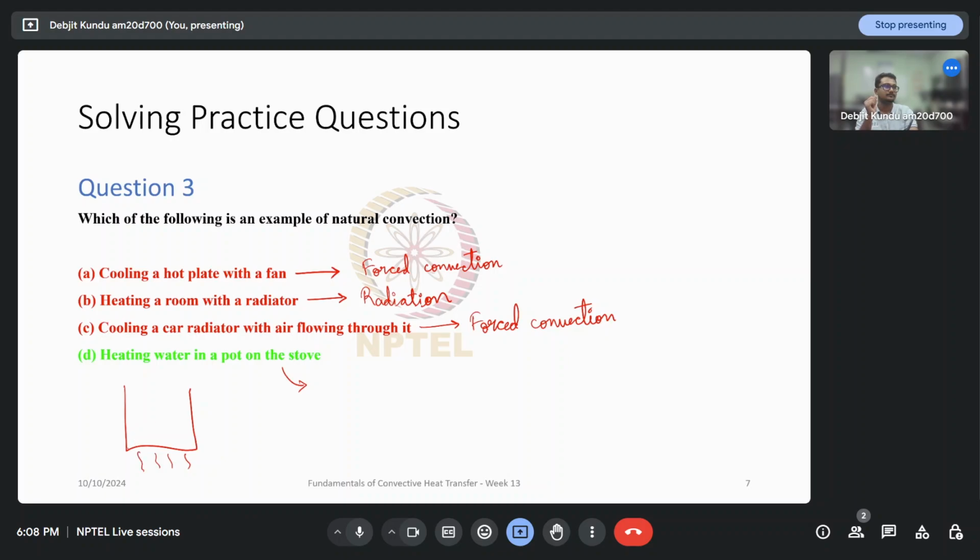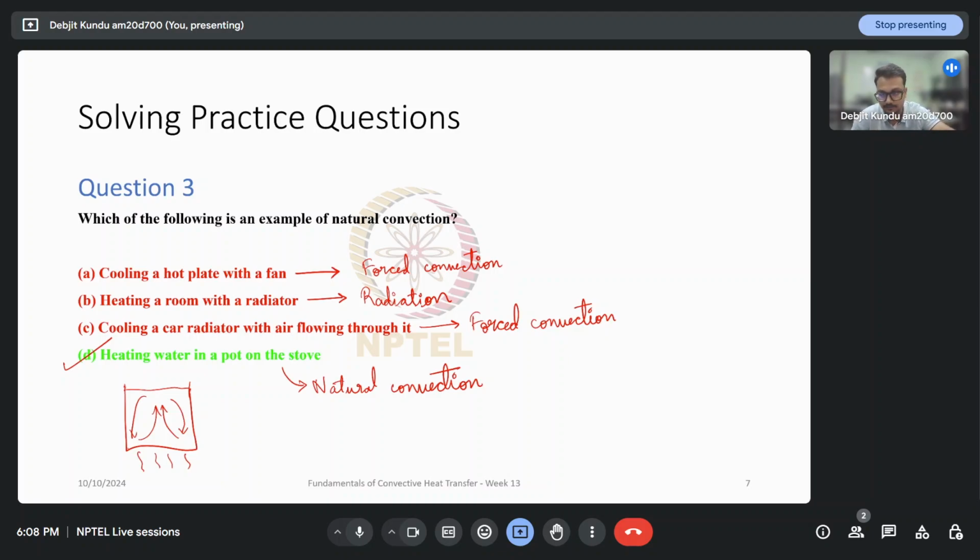This bottom surface will heat up and cause the hot water to rise up after becoming less dense, and the cooler water from the top will now come down, and it will hence set up these natural convection currents, leading to the main mode of heat transfer being natural convection. So that's why option D should be the correct answer.